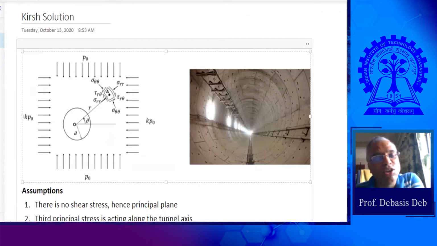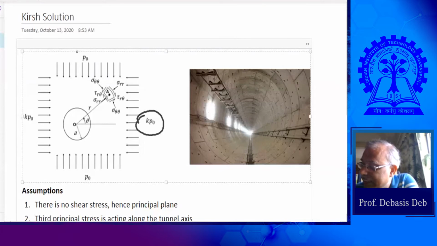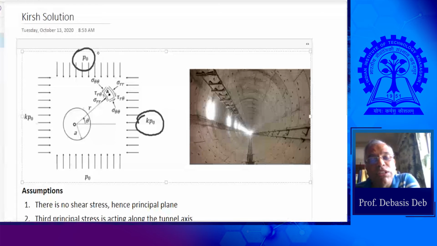There is no shear stress here, so only P naught and K P naught, the normal stresses, and that is in the far field. These are the in situ stresses. Remember that these are in situ, which is pre-existing, so this may be far away from that hole or from that circular tunnel.